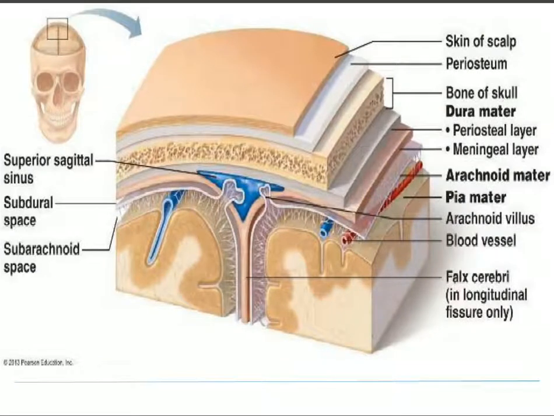Again, a figure that shows the different meningeal layers and their location with the skull bone and the brain, and it also shows the different spaces, the subdural and the subarachnoid space.